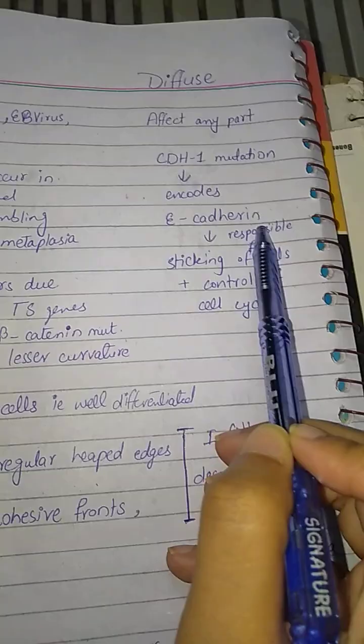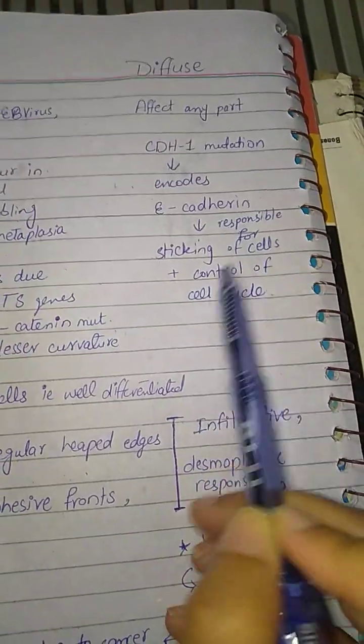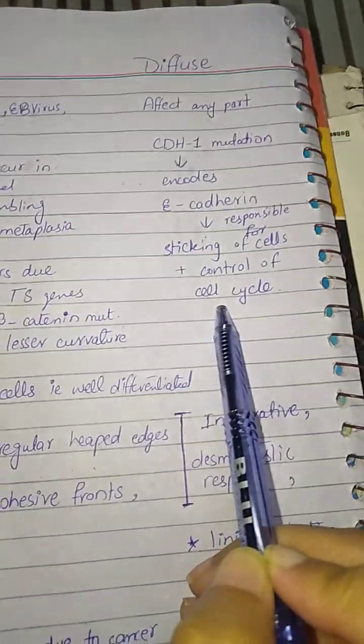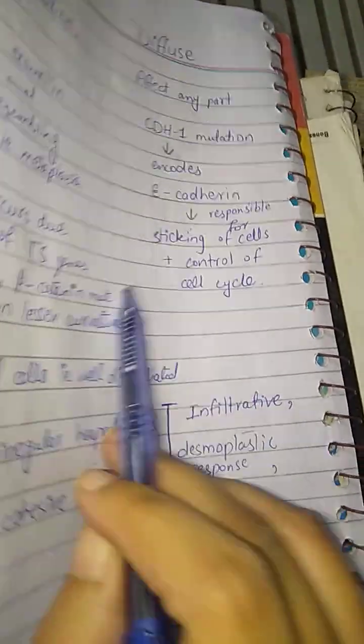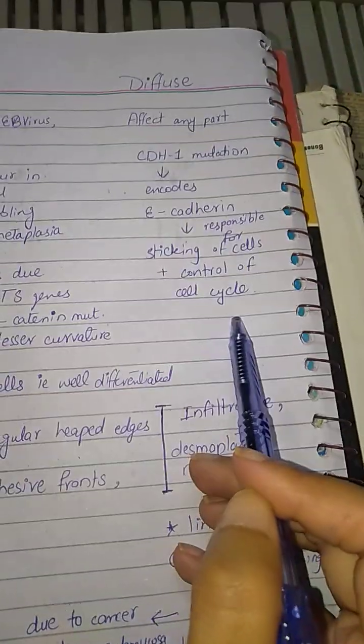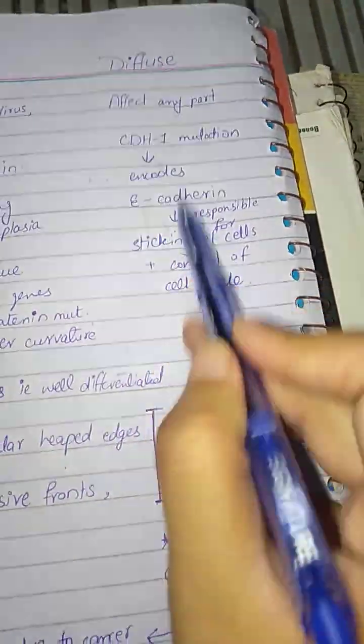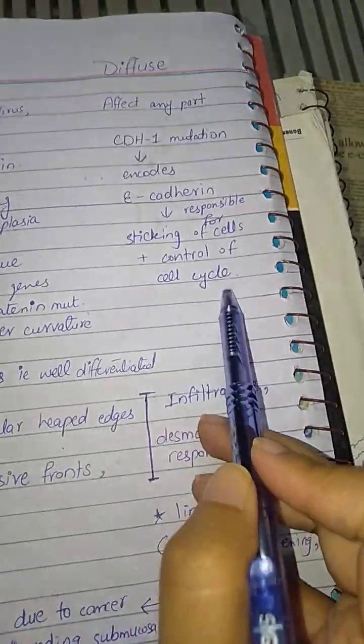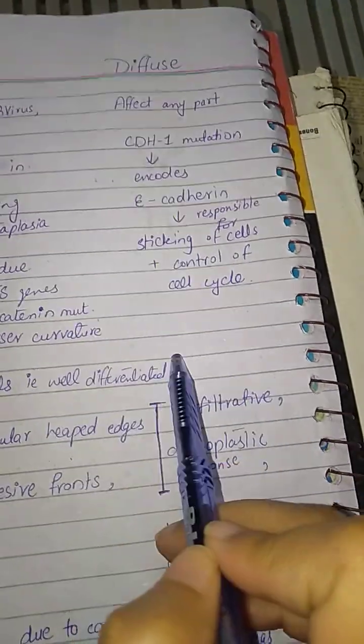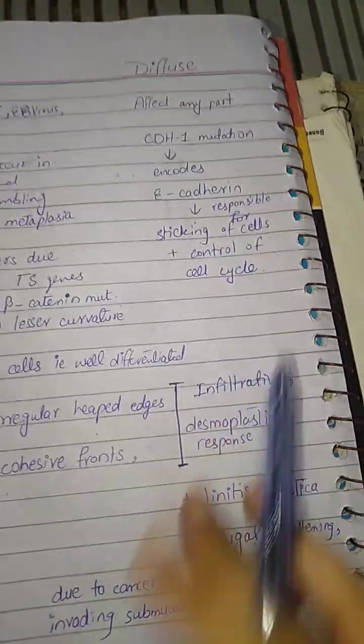What is the function of E-cadherin? It is sticking of the cells and control of the cell cycle, which means the cells in the stomach that are adherent to each other are mainly controlled by the E-cadherin protein, and mutation to this will lead to the multiplication and uncontrolled division of the cells, leading to the cancer.